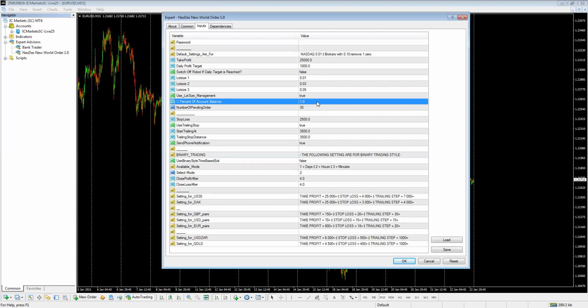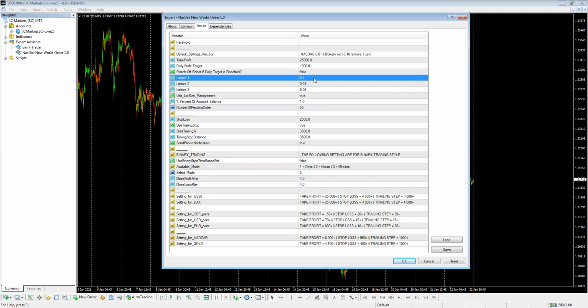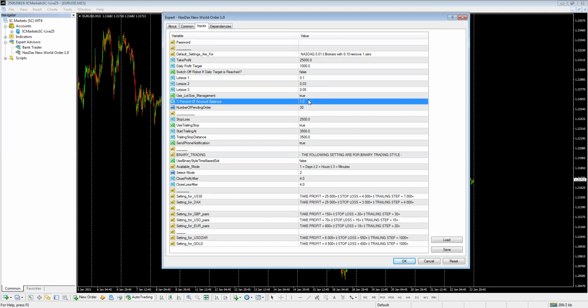So if a lot size of 1% of your account is equal to 0.10, then you need to be aware that 0.10 will be applied for all the trades that are open using lot size 1. That is if you set that to 1% and that matches your risk or your account.